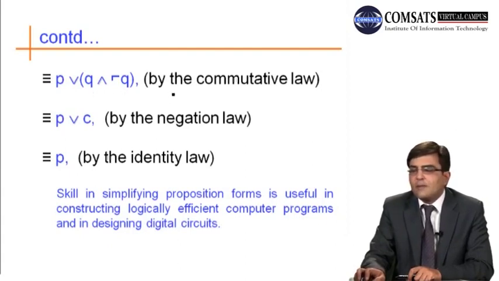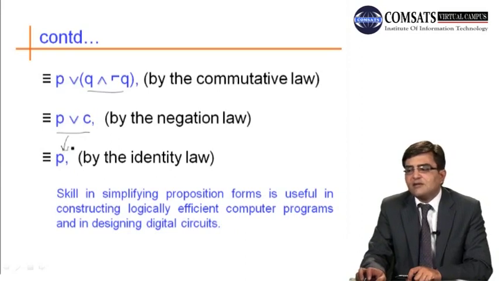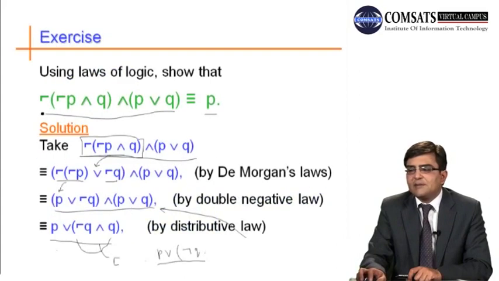Here we have the commutative law, as we have stated in the commutative law that we can interchange the individual propositions. Then applying the negation law, Q and not Q gives us a contradiction C. Then by the identity law, P or C is always P. Therefore we have proved that the expression on the left in this exercise is logically equivalent to P by using laws of logic.